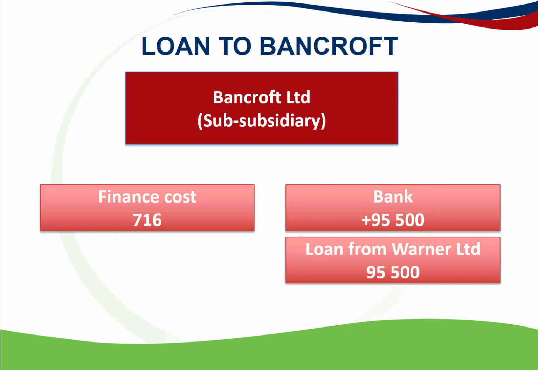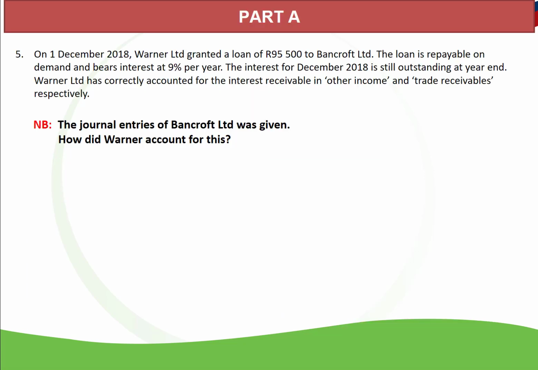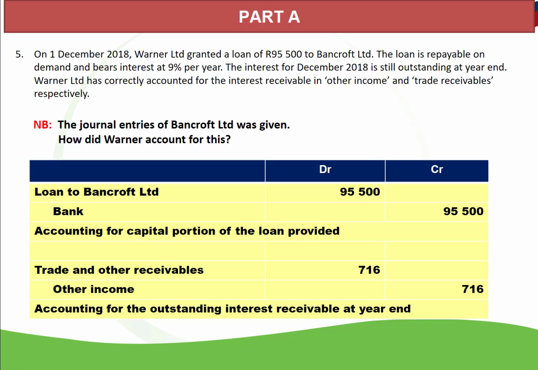My question to you is, what were the accounting entries in the separate accounting records of Warner Limited? Write it down. Loan to Bancroft, an asset, was debited and bank credited with $95,500. Trade and other receivables was debited and other income was credited with 716. Remember that it is the 1 month's interest outstanding to Warner.